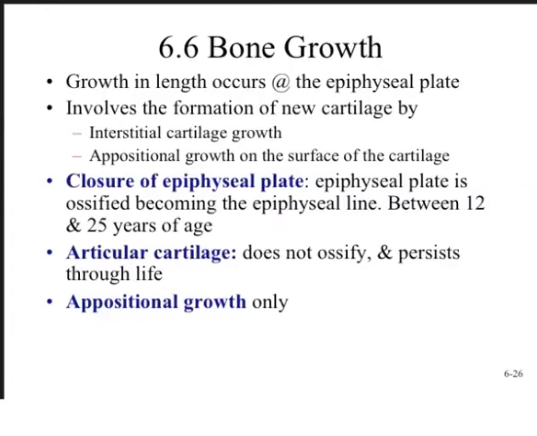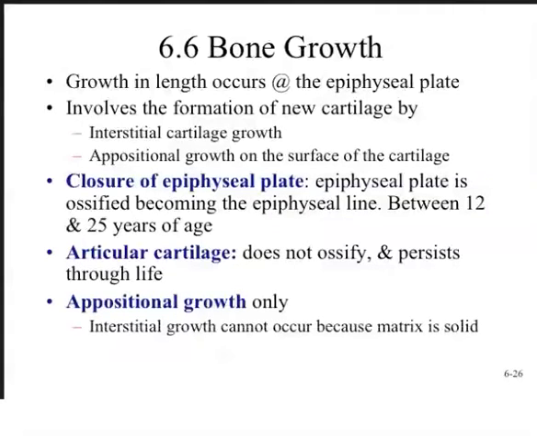Appositional growth only changes the width of the bone. Interstitial growth can't occur because the matrix in this case is solid. Appositional growth occurs on old bone and also on the cartilage surface.